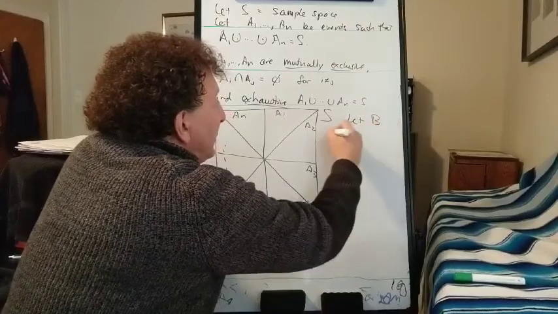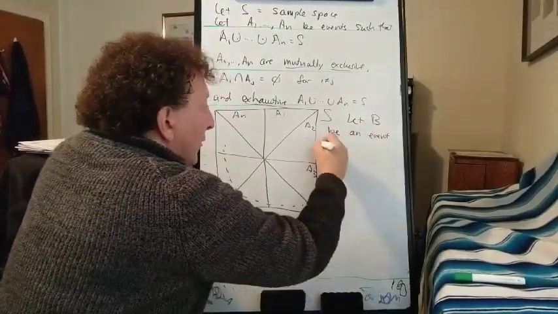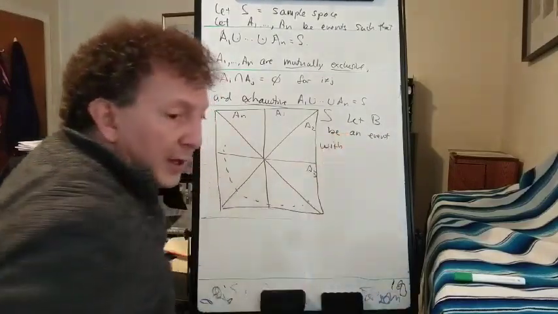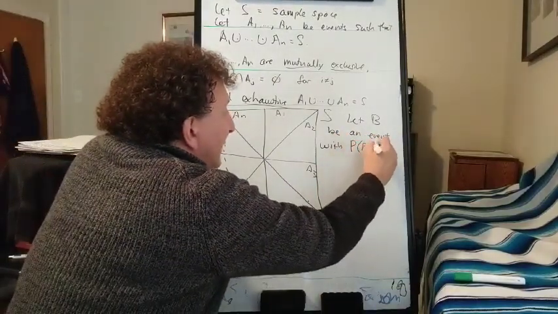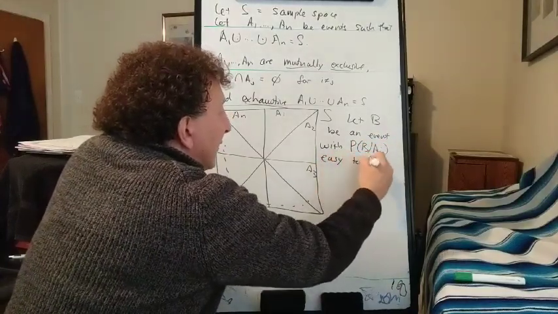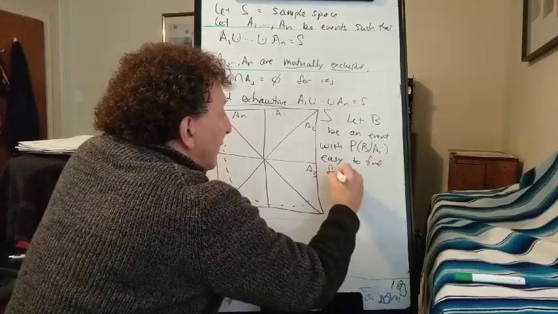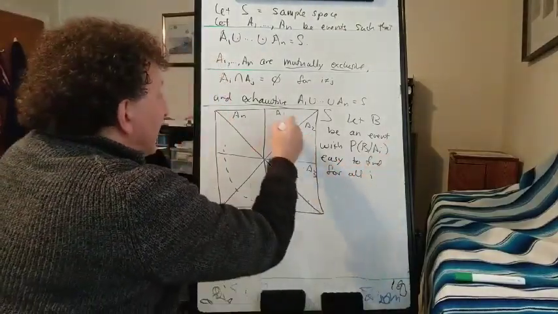Now let's let B be an event. And let's suppose that the probability of B given Ai is easy to find for all i. So B is some event in here.